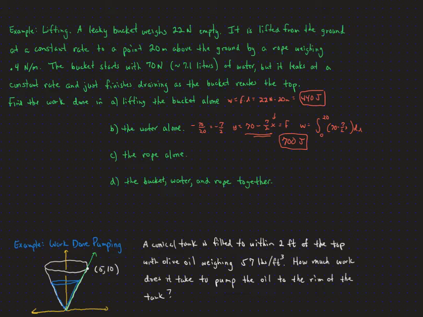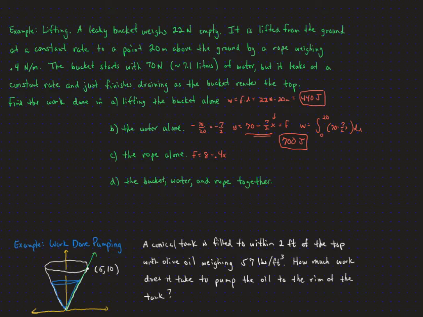So the force is going to start with 8 newtons of rope, and then as we pull that up, for every meter we pull up, we're going to lose another 0.4 newtons of weight.